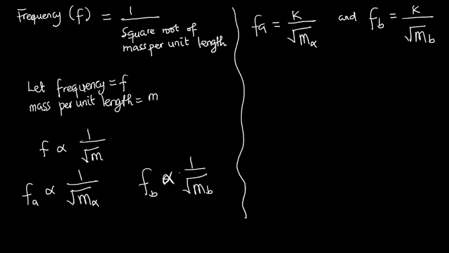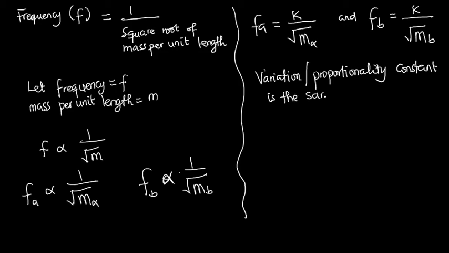But since k is a proportionality constant, it doesn't matter whether it's for string A or string B. Our variation or proportionality constant is the same, which implies that if this is Ka and Kb, then Ka is equal to Kb.